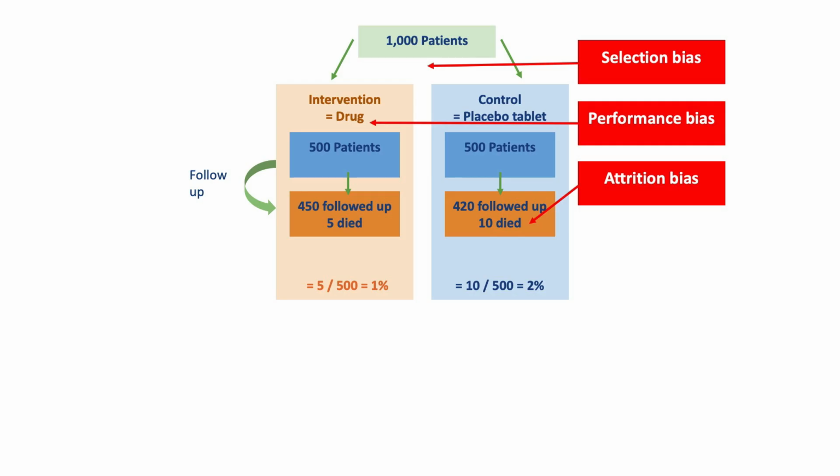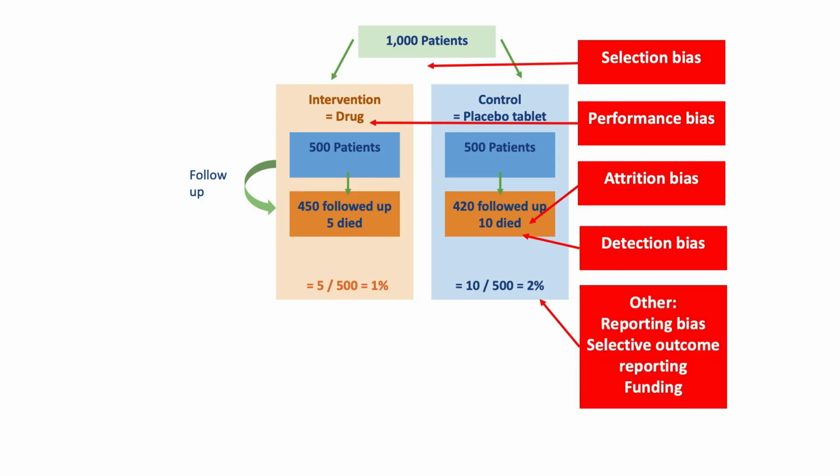That would be called attrition bias. If the variety of outcomes weren't blinded, that could be something called detection bias. And there can be multiple other sources of bias in randomized trials, such as reporting bias, selective outcome reporting, and also funding issues, which could raise issues with conflicts of interest.